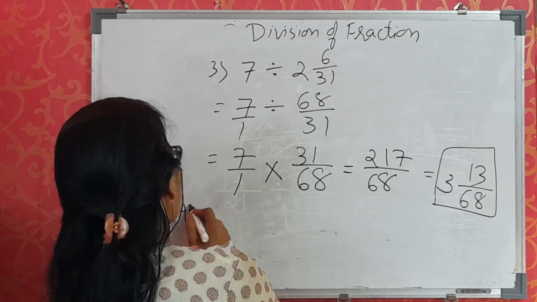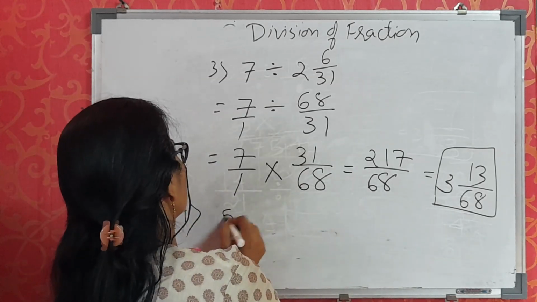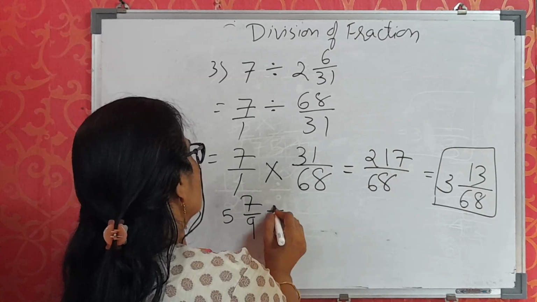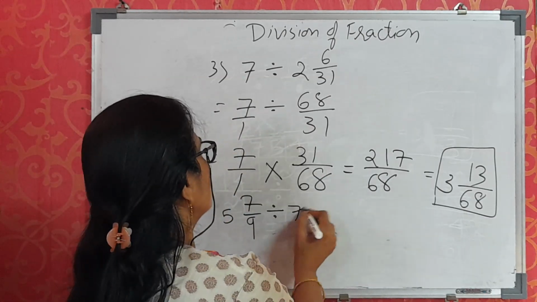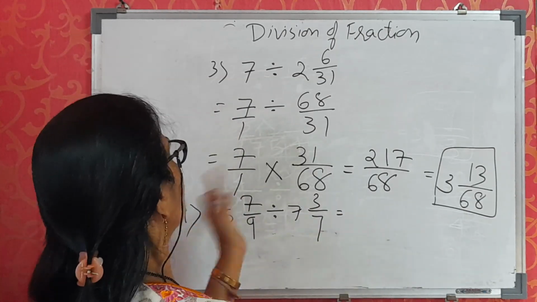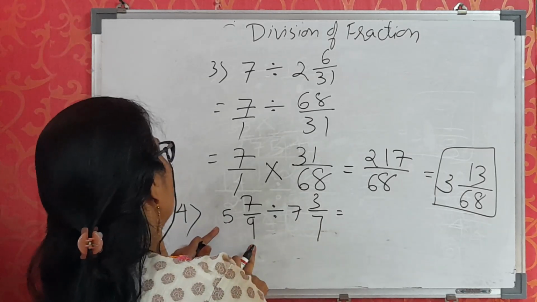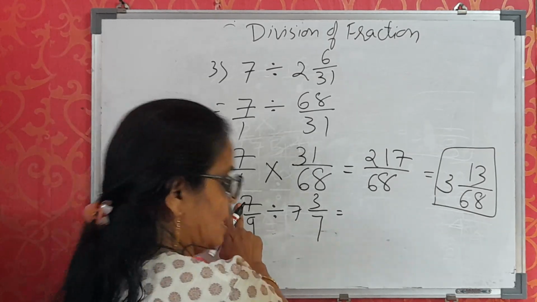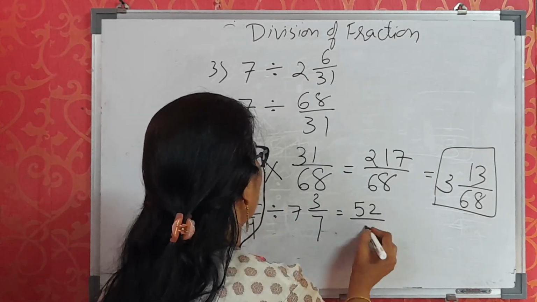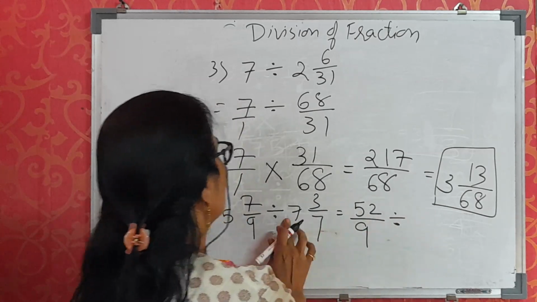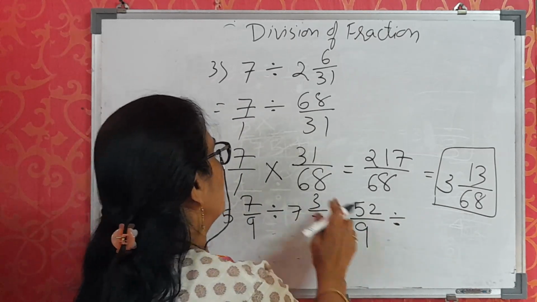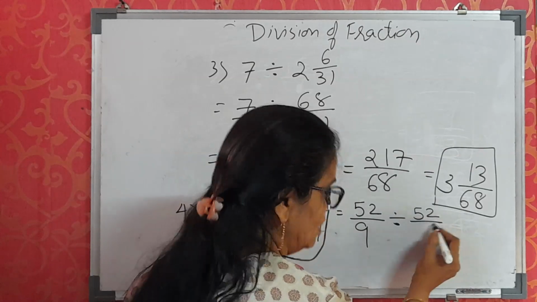Now the last sum is 5 integer 7 upon 9, divided by 7 integer 3 upon 7. Next step, convert into improper fractions. 5 9s are 45 plus 7, 52 upon 9. This divided by 7 7s are 49 plus 3, 52 upon 7.